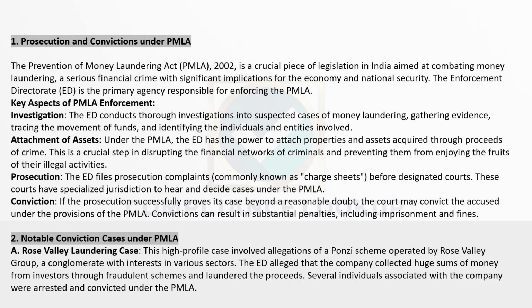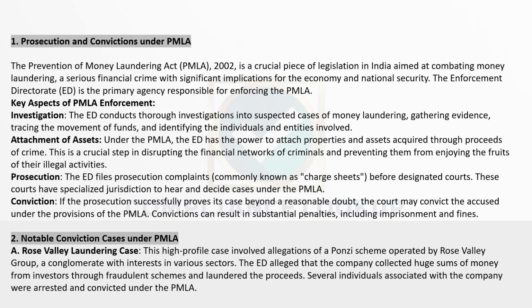A. Rose Valley laundering case. The Rose Valley Group, a major conglomerate, was involved in running a Ponzi scheme, deceiving thousands of investors by promising high returns. It is estimated that the group collected over Rs 17,000 crore through fraudulent means.